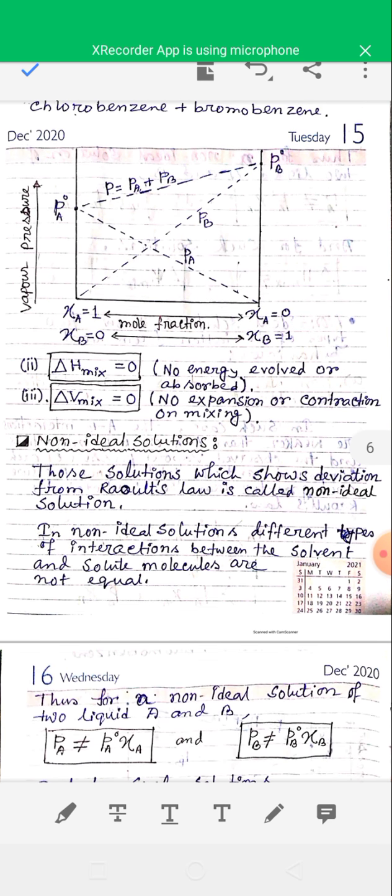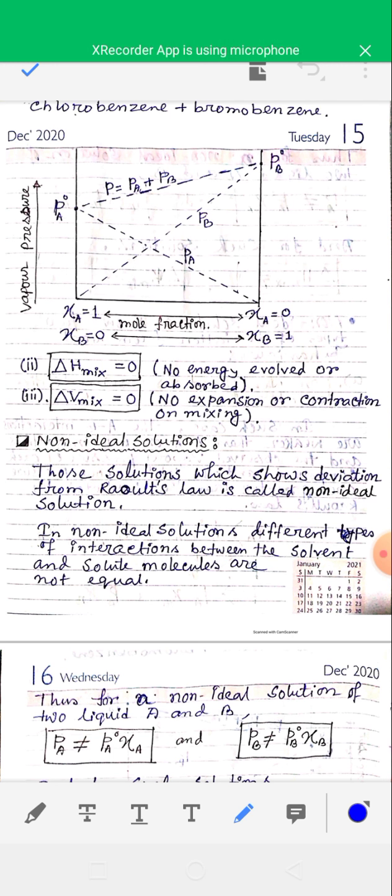Now see the next condition for ideal solution: delta H mixing is equal to 0. That means no energy is evolved or absorbed during the formation of ideal solution, and delta V mixing is also 0 for ideal solution. That is, no expansion or contraction on mixing. Volume remains the same before and after making the solution.